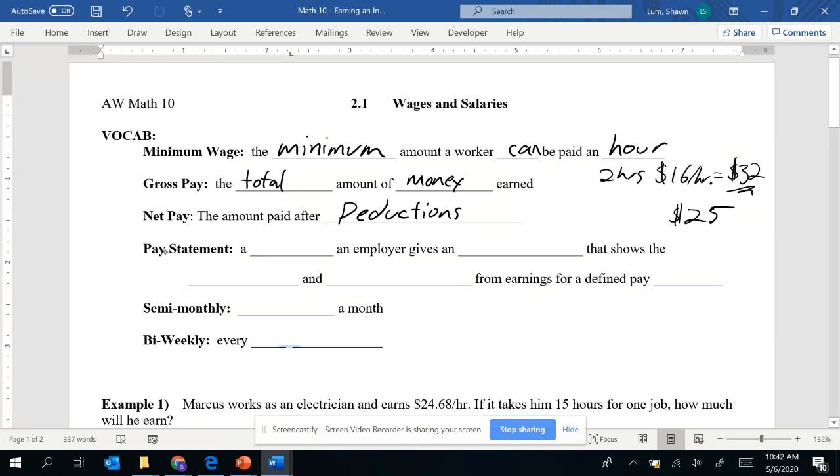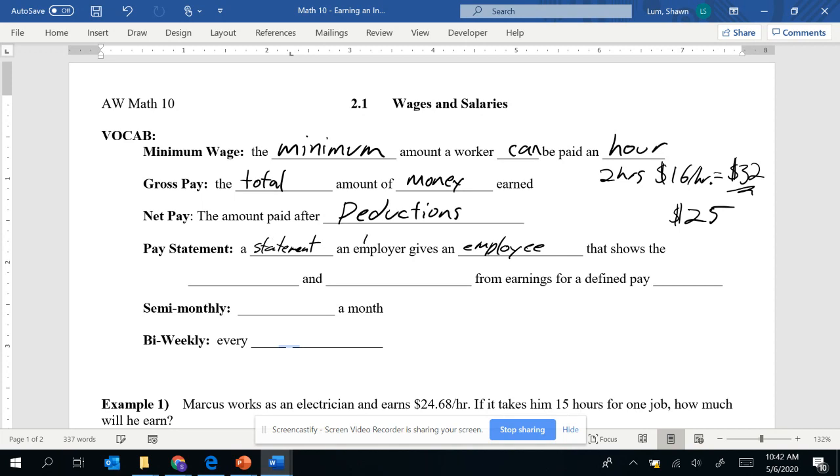The next one right here is pay statement. It is a statement an employer gives an employee.